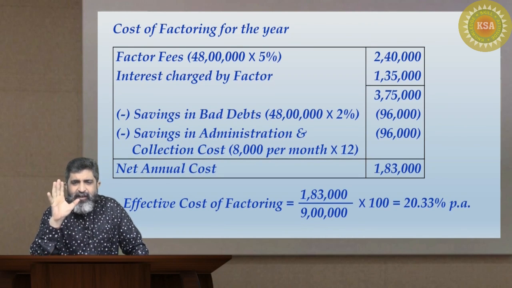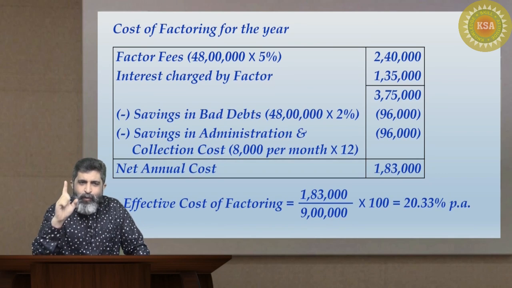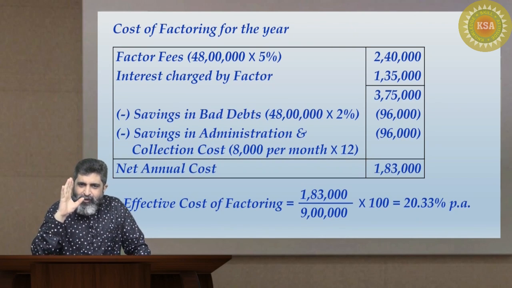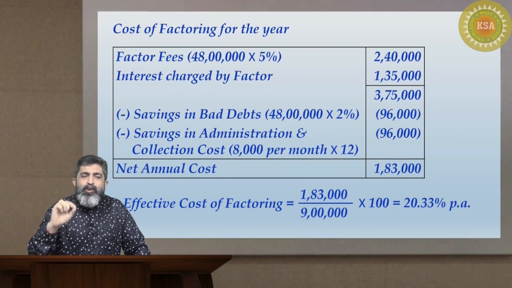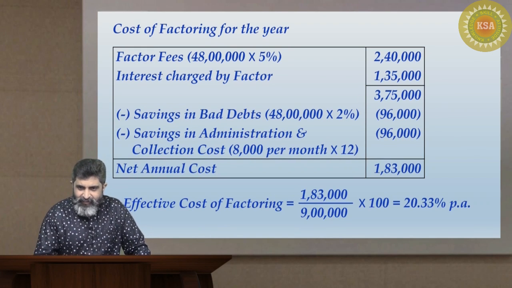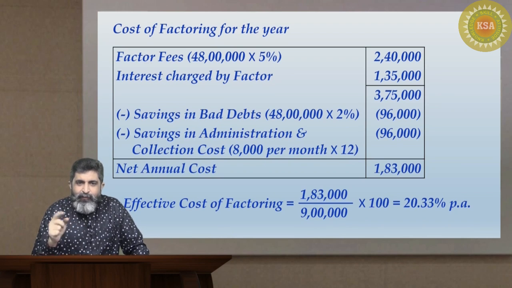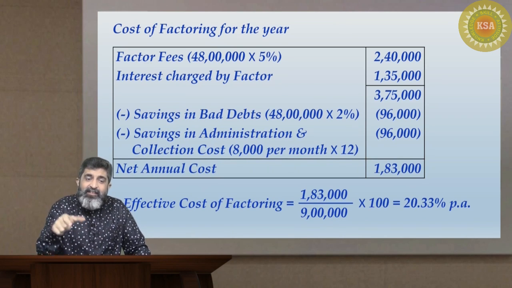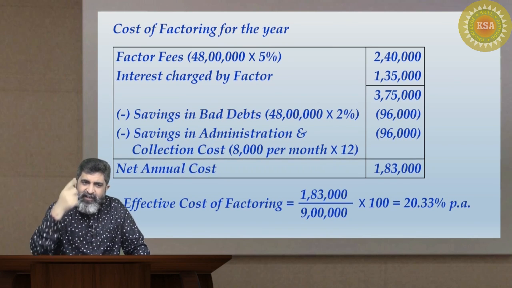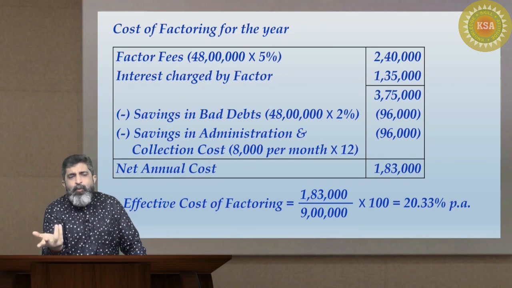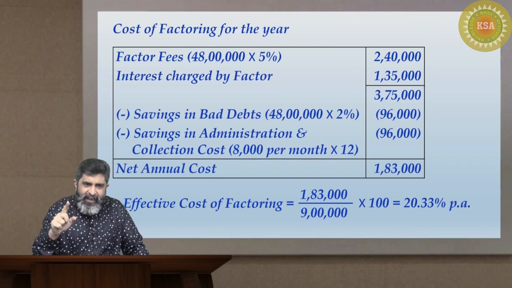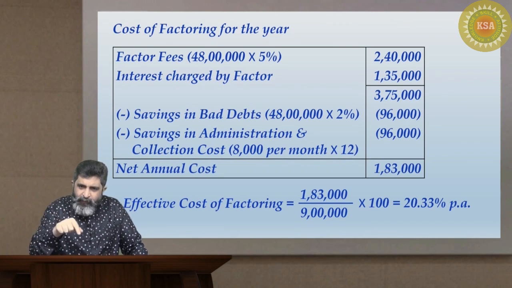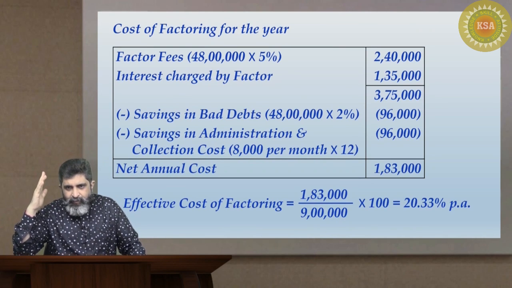Are you people understanding my point? So at any point of time during the year, the factor advance will never go beyond 9 lakh rupees. That is why when you compute interest for the entire year, it is 9 lakhs into 15% for the entire year. And if you want to make the calculation for one cycle, then it will be 9 lakhs into 15% into 3 by 12.